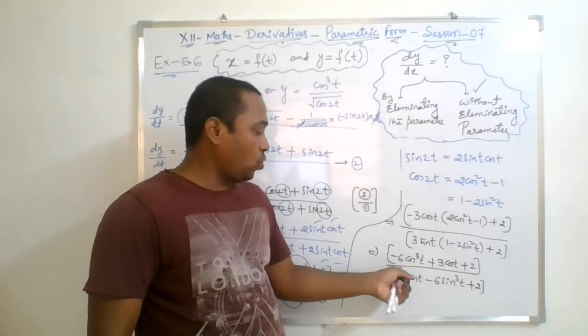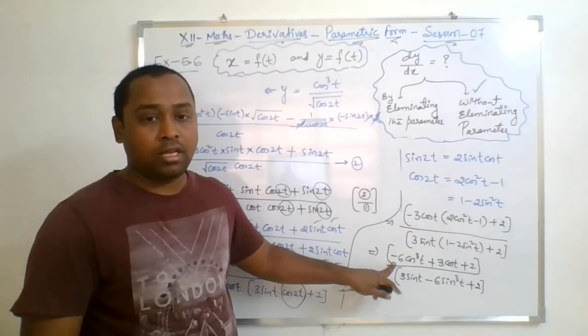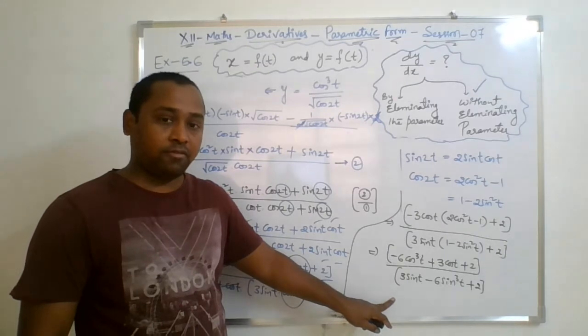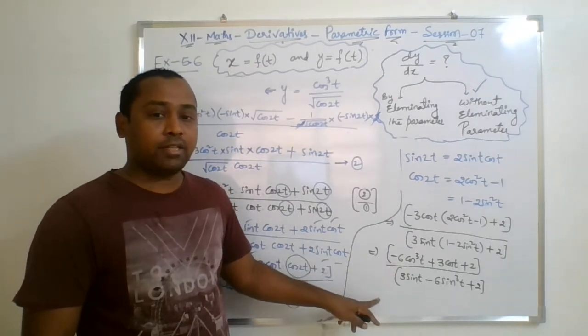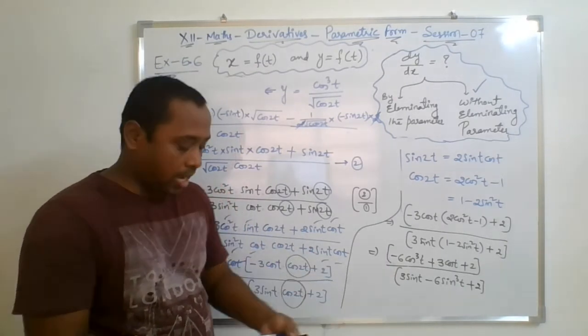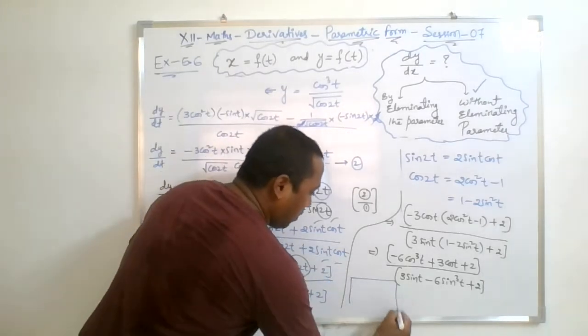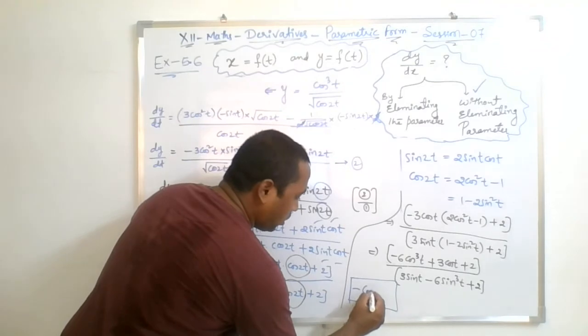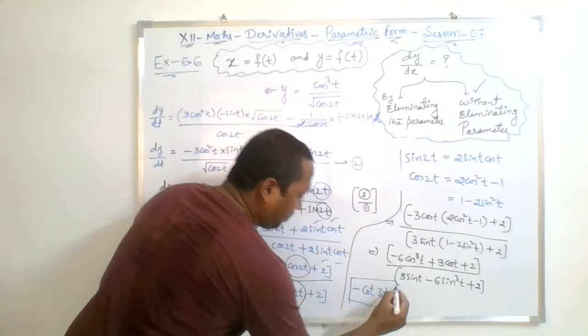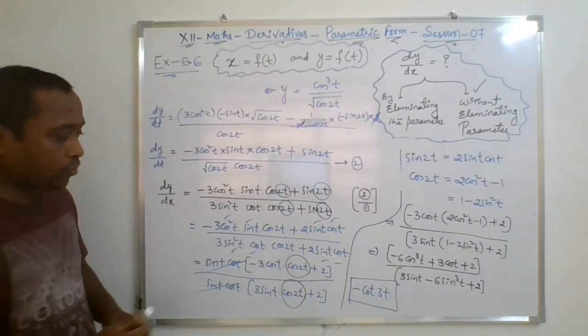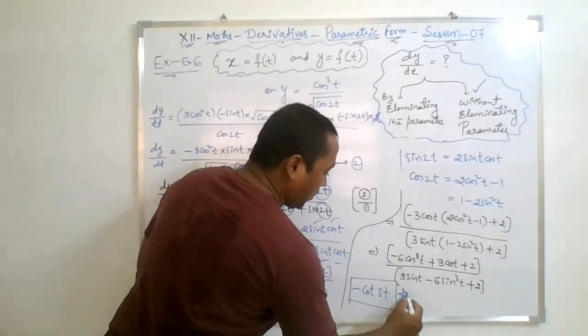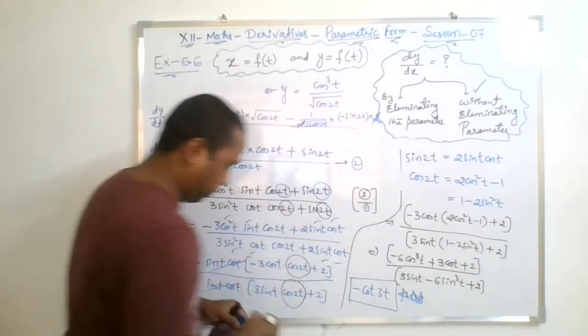It reduces to the cos 3t formula and to the sin 3t formula. The answer is given as minus cot 3t. I'll tell you, the answer of this question is minus cot 3t. So you have to get this answer after simplification of this question.